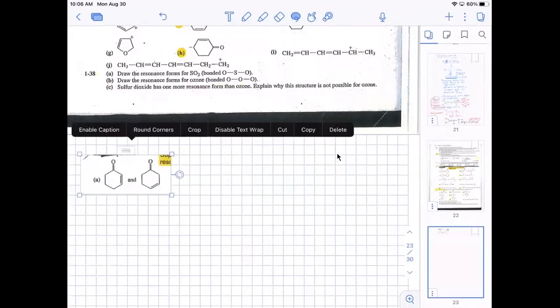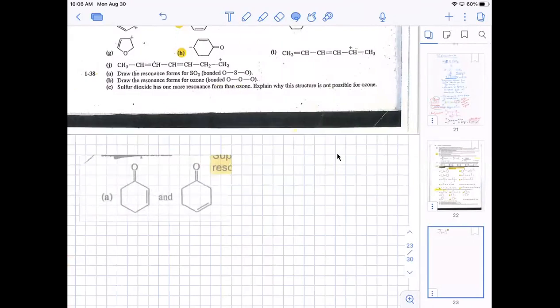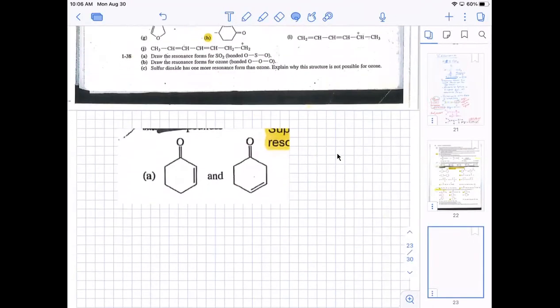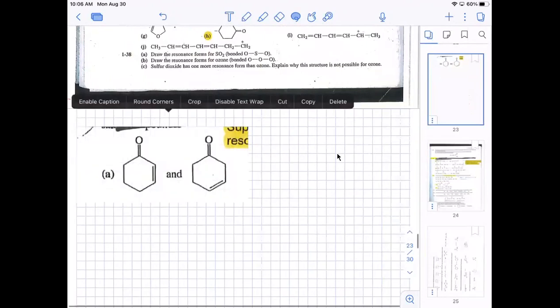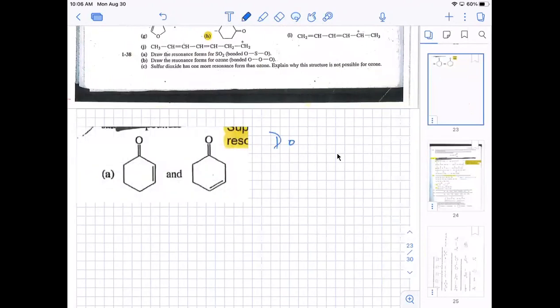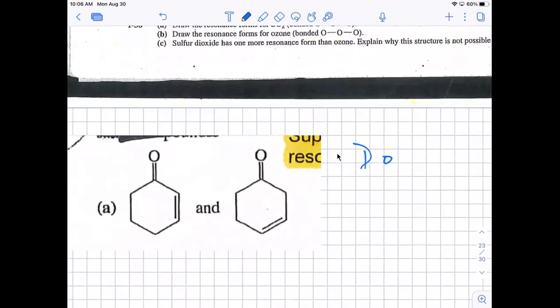So one of the things that we said about resonance again is that you need a donor and an acceptor, and they must be adjacent.